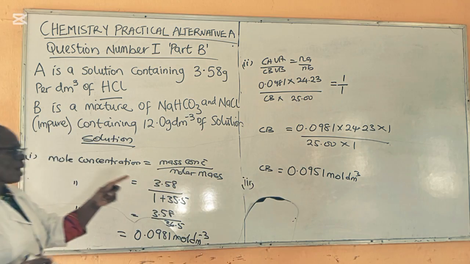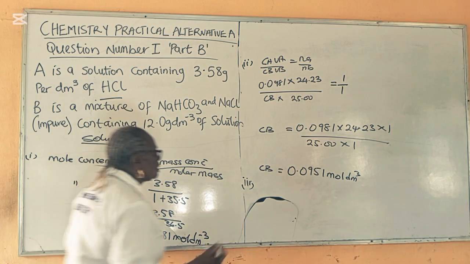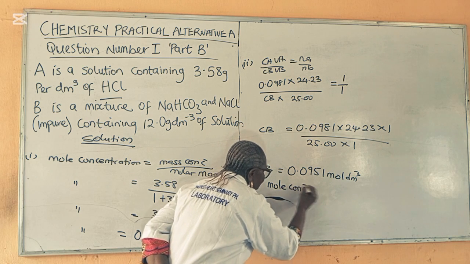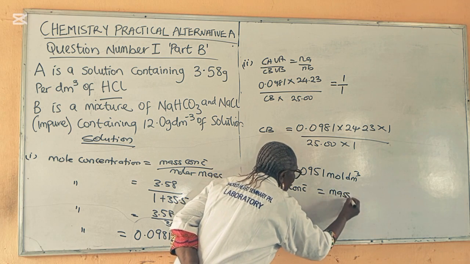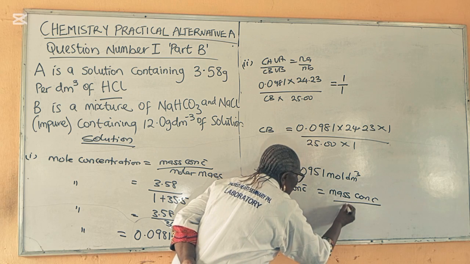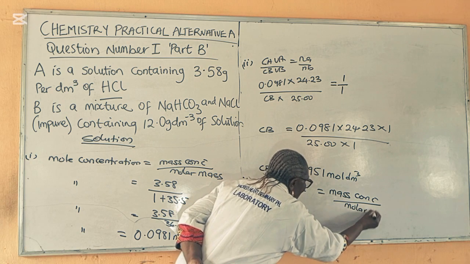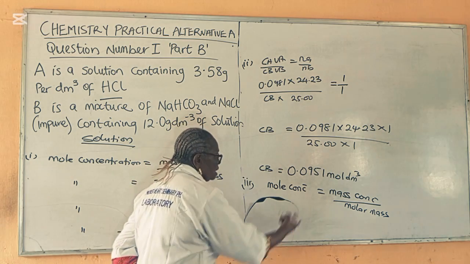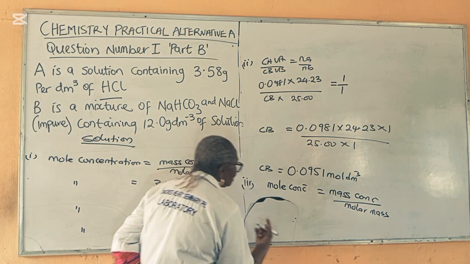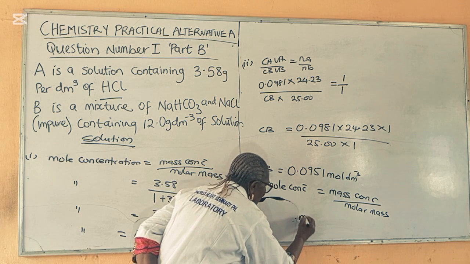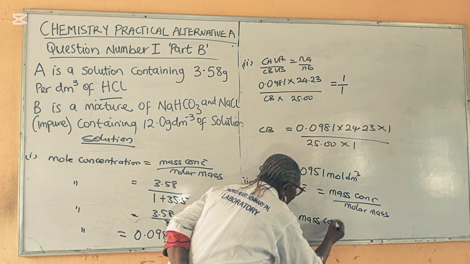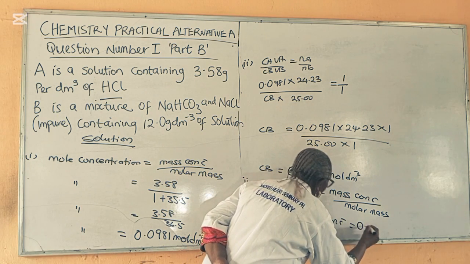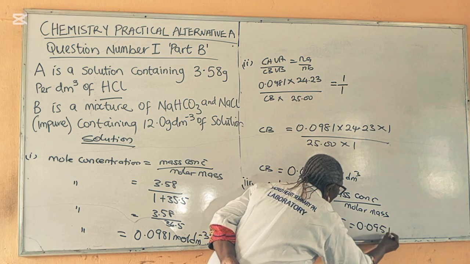Now, converting this to mass concentration, we use our normal formula, which is the mole concentration equals mass concentration over molar mass. Remember, we are making mass concentration the subject of our formula. You now say mass concentration equals the mole, which you have already, 0.0951.